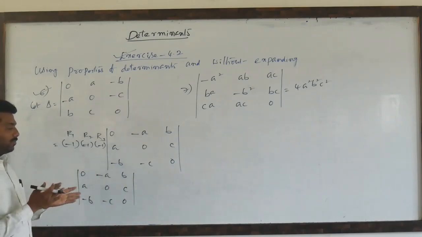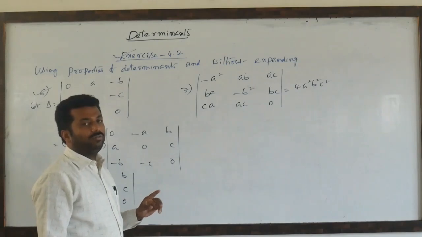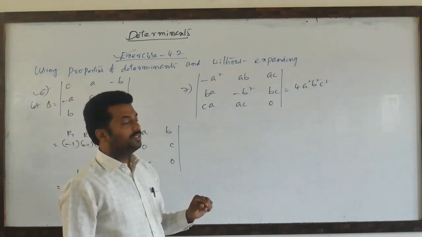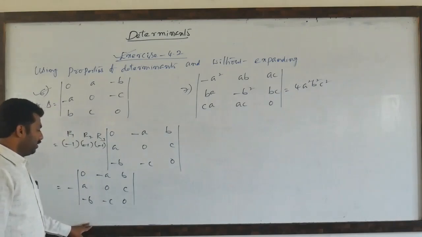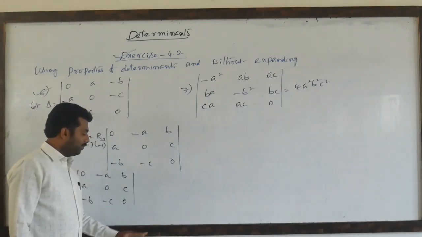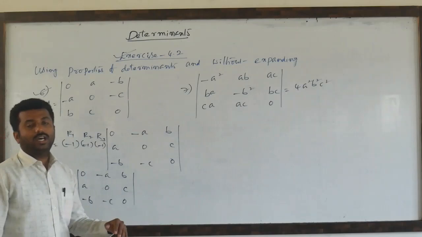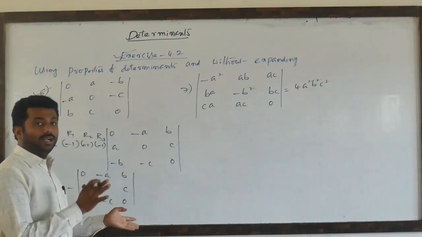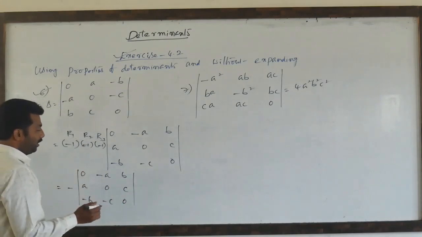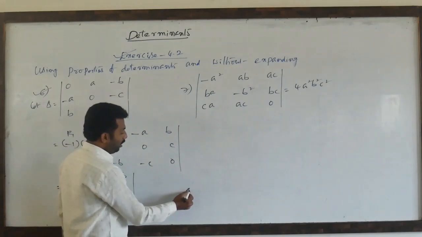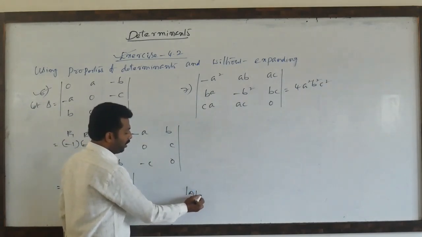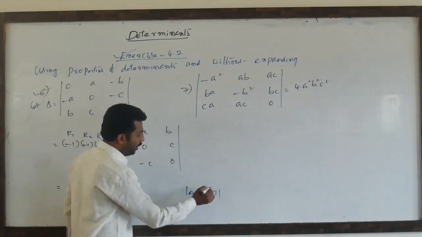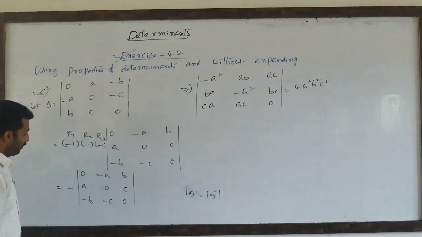Now rows and columns are both interchanged. What is the first property of determinants? The value of the determinant remains the same whenever rows and columns are interchanged. That is, the determinant of A and the determinant of A transpose are both the same.